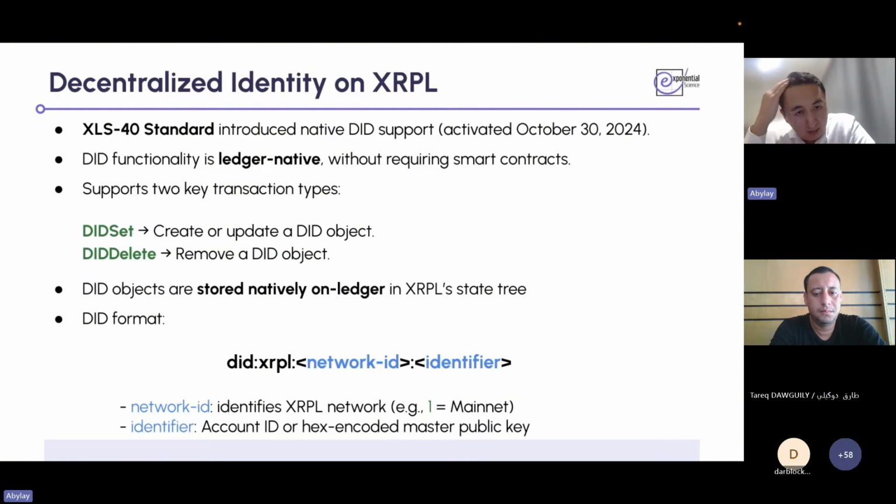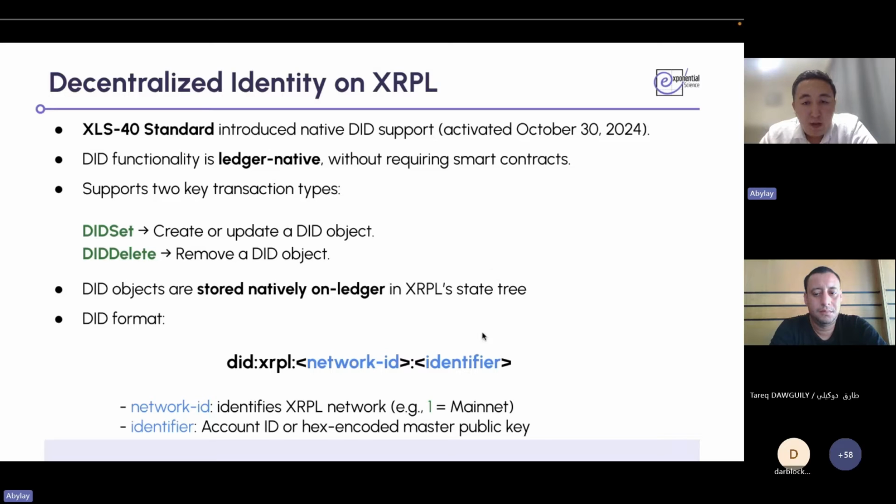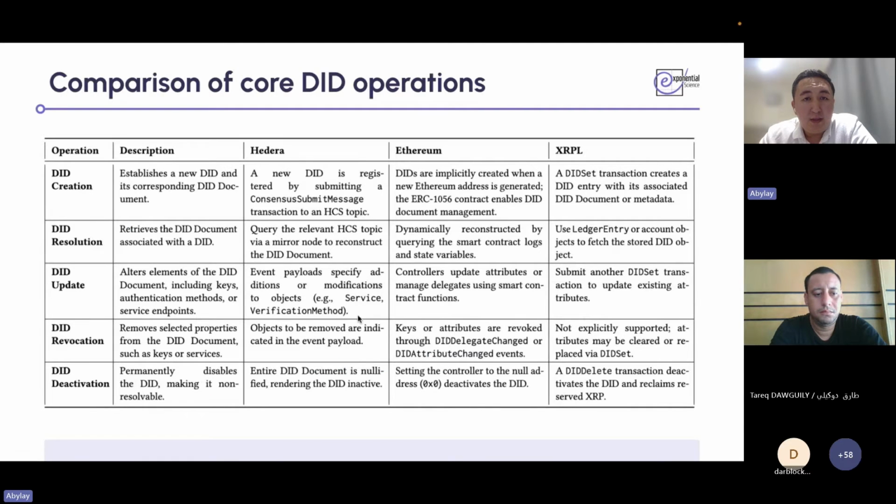The format is similar, it just uses a network ID, a number, like 1 for mainnet, for example, and so on. So this is a table which shows the differences for each operation.